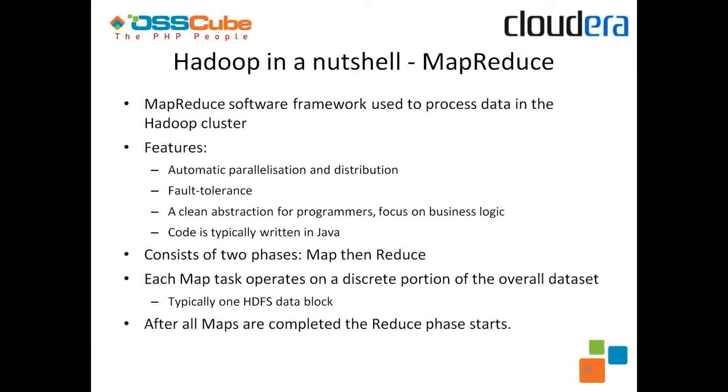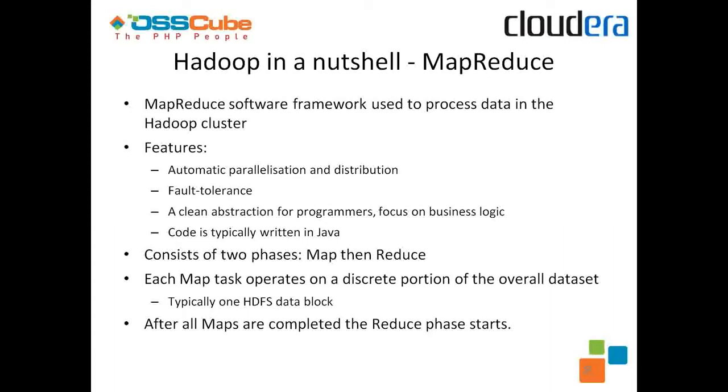MapReduce was designed. Some of the features of MapReduce are automatic parallelization and distribution. Basically, if I want to process this gigabyte of data, it automatically utilizes different nodes to process that data. The programmer doesn't have to be aware of how many computers the program needs to run on, or where the data sits.